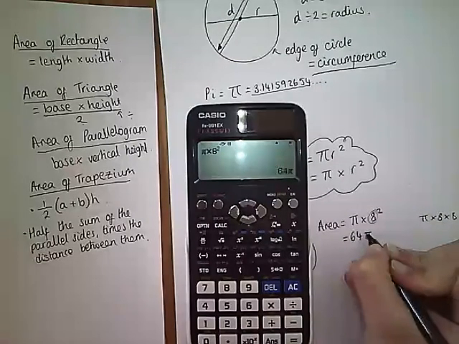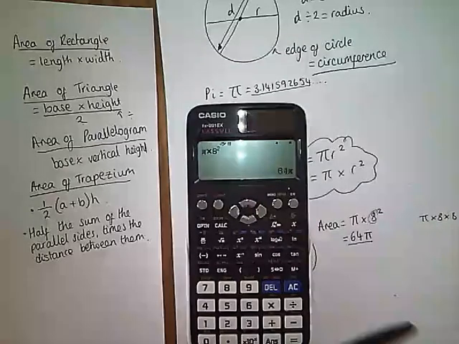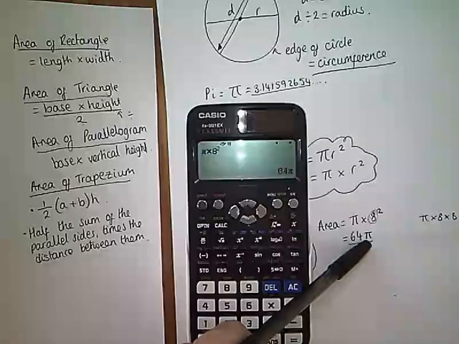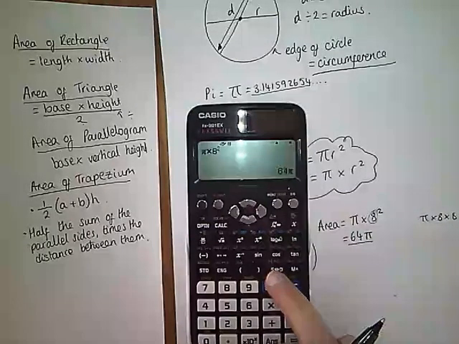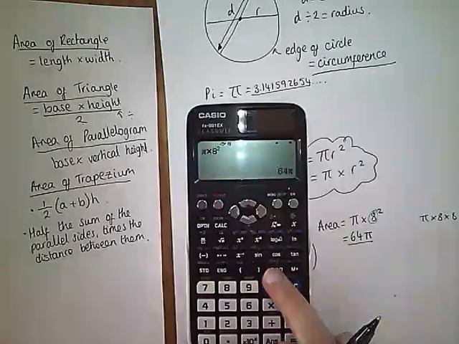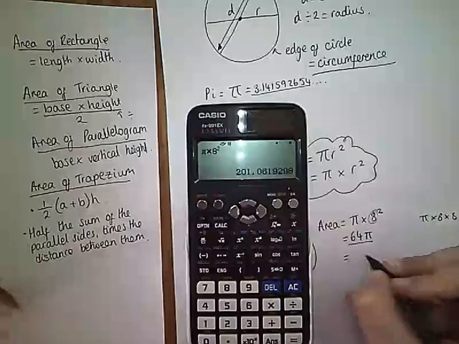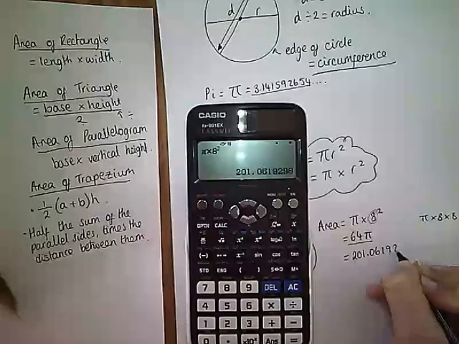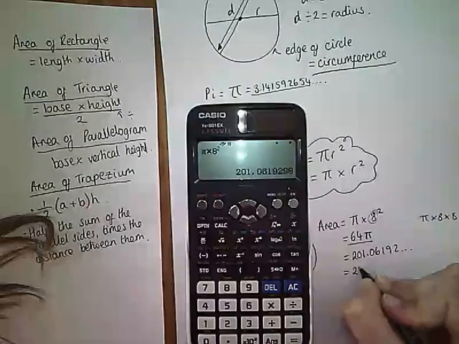Now, that's a nice thing you can do without a calculator. You could leave it in terms of pi without a calculator, but you probably want to give it as a decimal. So you press this little SD button. On some people's calculators it's FD, it means fraction to decimal, and it gives it to you in a decimal. So we're going to say it's 201.06192, etc. Then we ought to round it to whatever they want us to round it to.